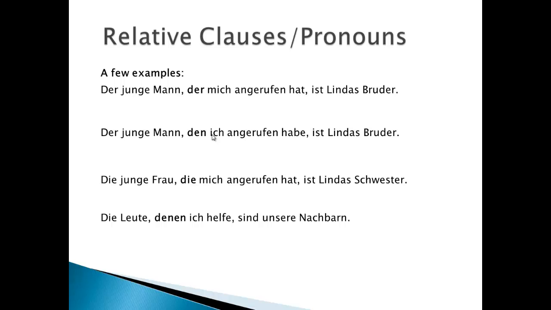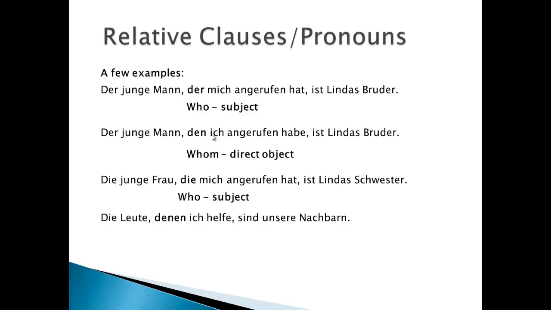So looking at the first one, der junge Mann, der mich angerufen hat, ist Lindas Bruder. It would be who, or the subject, because he is the one who has called me. In the second one, he is the direct object because den ich angerufen habe, I'm the one doing the calling to him.